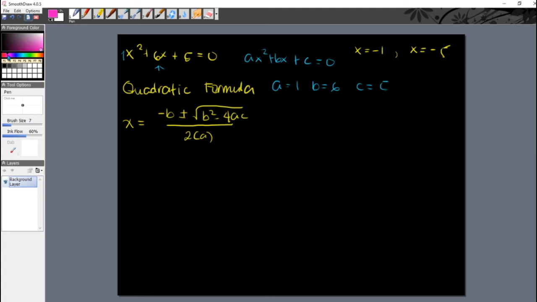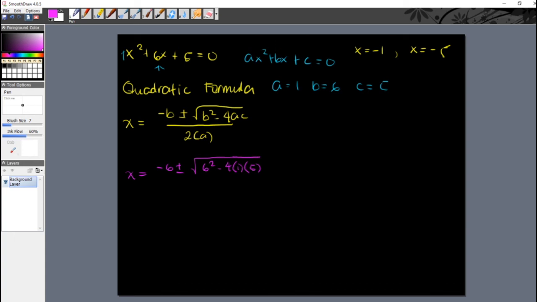So let me change the color to a different color. Here, this becomes x equals negative 6 plus minus square root of 6 squared minus 4ac. Sorry, instead of writing a, I'm going to write a is 1 and c is 5. So let me extend the radical symbol here.